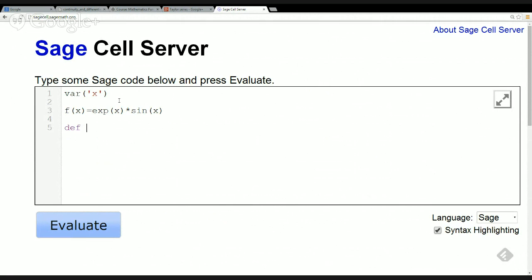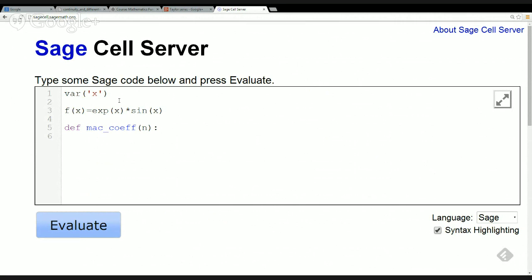I'll define a couple of functions. I'll define a function called maccof. This is going to depend on n. So this will just define what the Maclaurin series coefficient is.